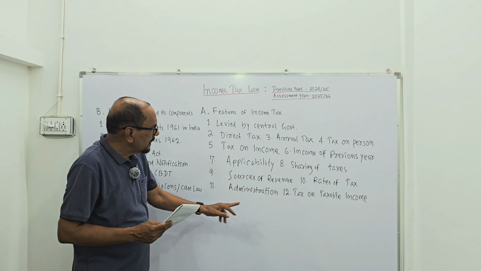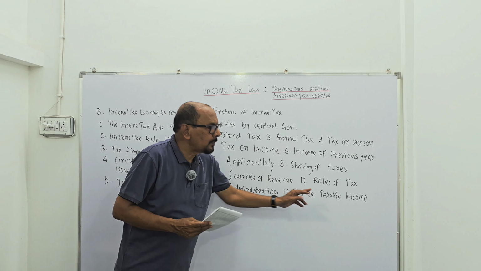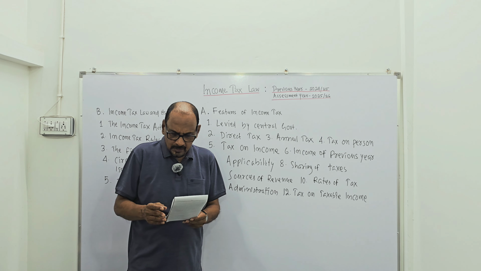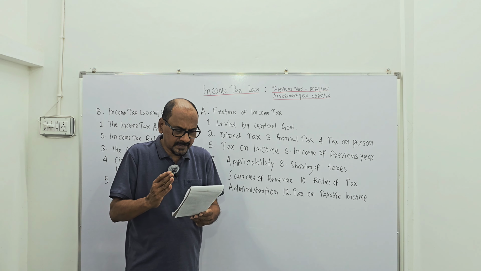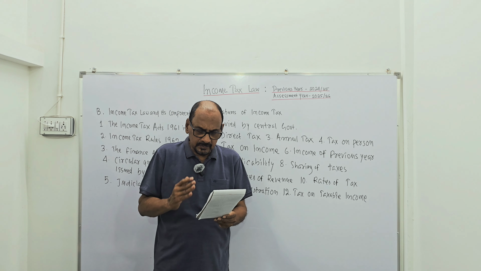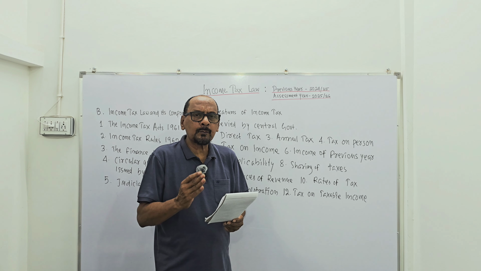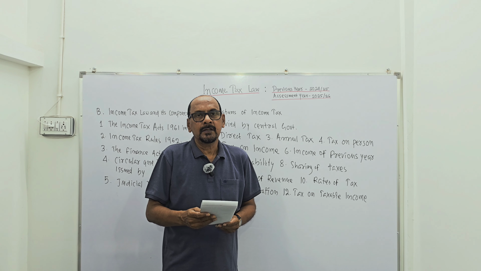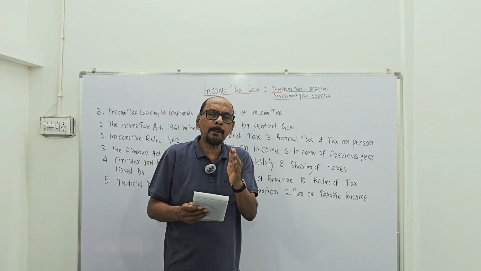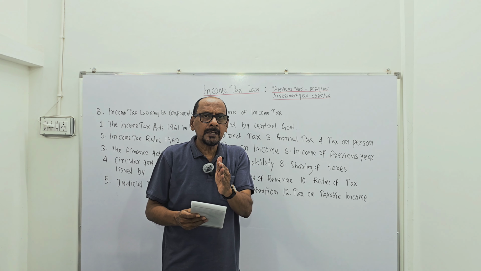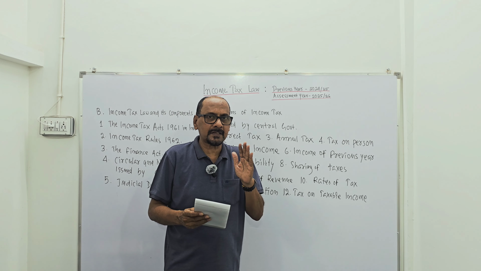And the next one is tax on taxable income. Here, when the total income of an assessee exceeds the maximum exemption limit, then he will be charged to pay income tax at a particular prescribed rate. As long as the income of an assessee is within the exemption limit, he is not going to pay any tax.